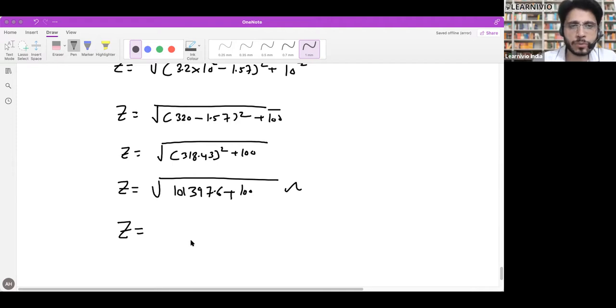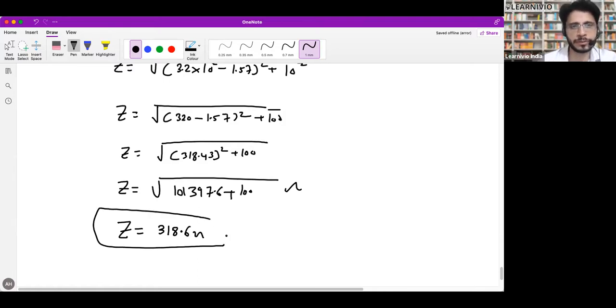No, it should be near about. I just need an exact value for the further calculations. Yes, it should be around 319. That I know, but what's the exact value? Okay, I'm taking it approximately to be 318.6. Okay, this is the impedance.